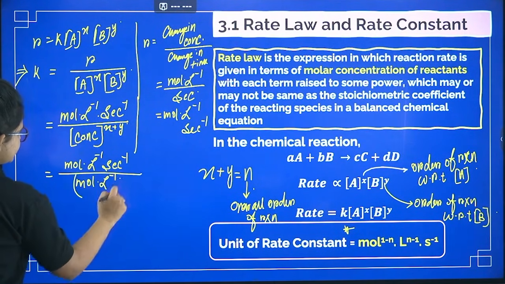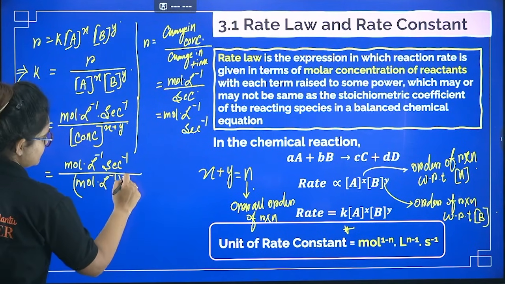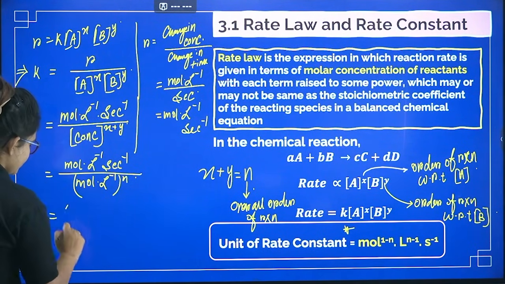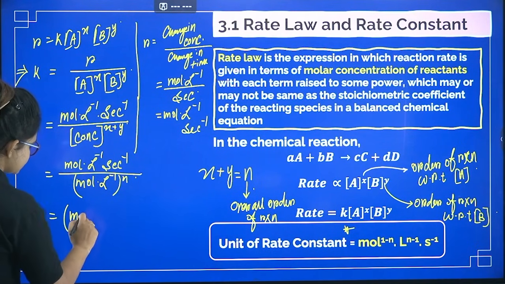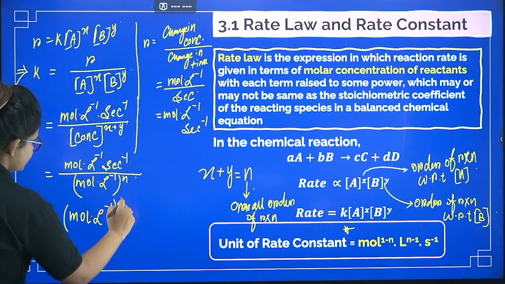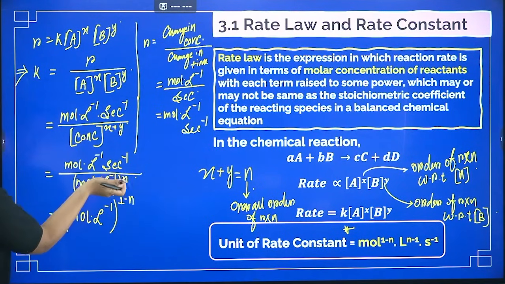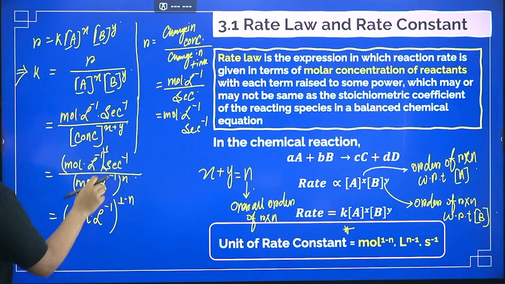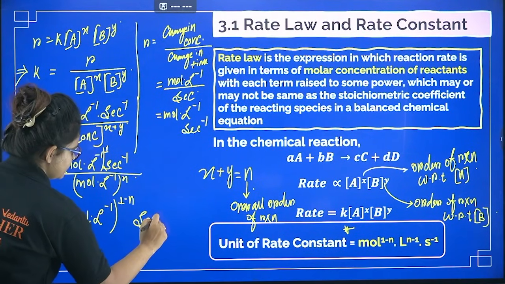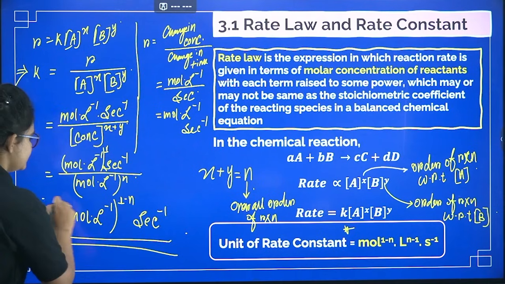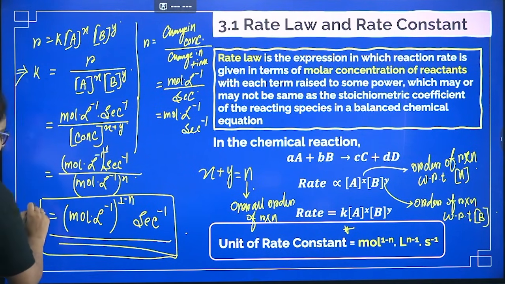X plus y, what I told, is n, right? So from here I can do it, mole per liter, taking it in a single bracket, so this is going to be 1 minus n, because if this n comes up, this is power 1, right? 1 minus n, second inverse. Remember this thing, okay? This is what you have to remember, that is the unit of k.